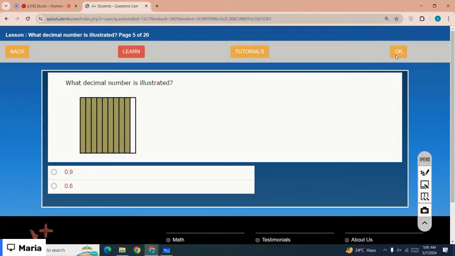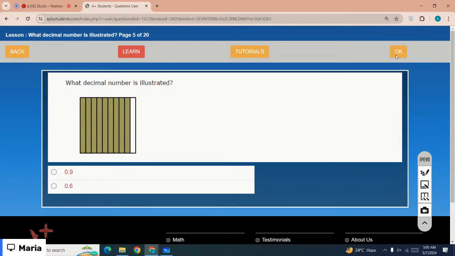What decimal number is illustrated? The correct option is, you have the total columns are 10, 9 of them are colored.